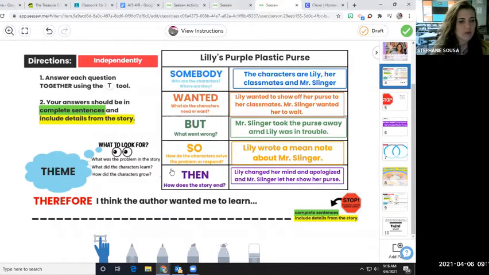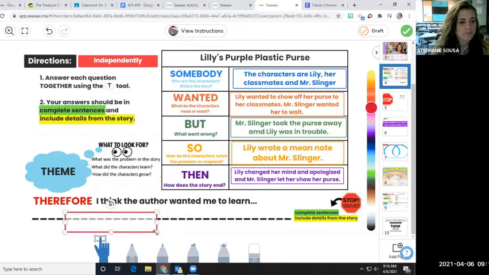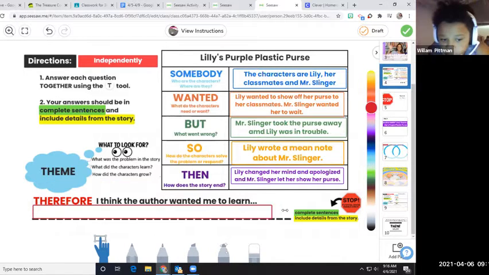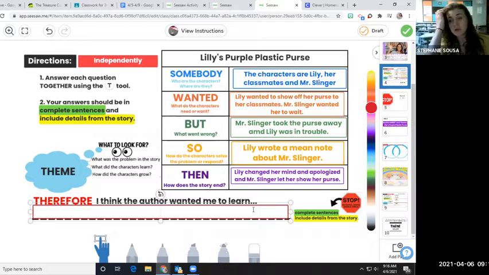William, what might be a theme? What might the author want us to learn? Don't get mad over something as little as a little purse. And he said he would give it back to her after school. Okay, so you're giving some evidence for why you think that.